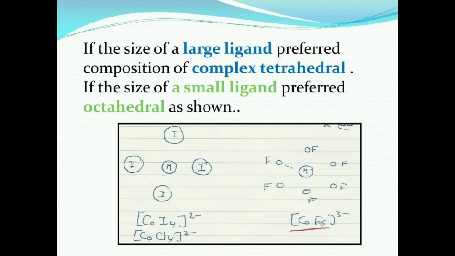And in the octahedral structure, if you look here, CoF6 3-, cobalt is the central metal atom and 6 fluoro ligands are there in octahedral shape. So if the ligand is large, the complex is tetrahedral, and if the ligand is small, the complex is octahedral.